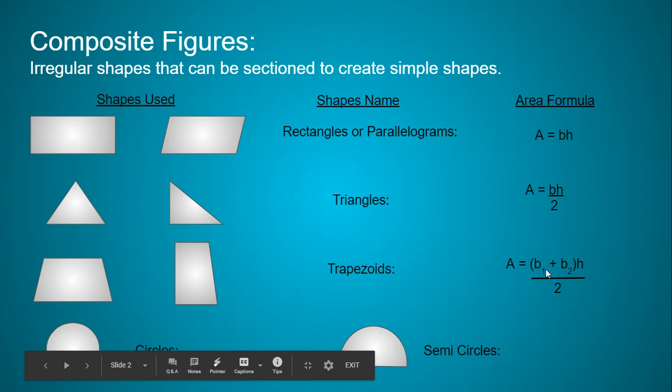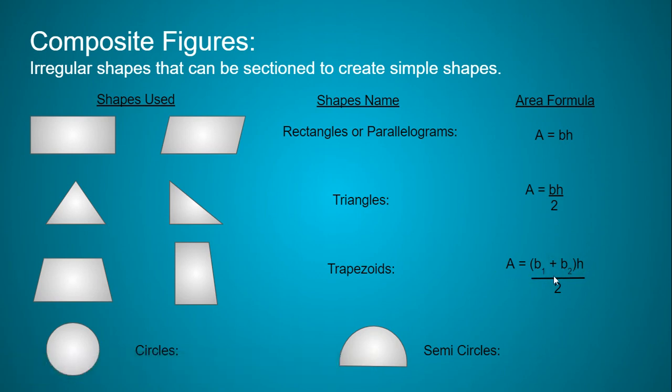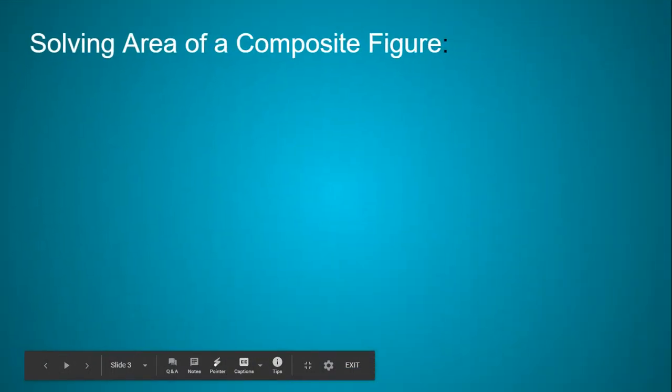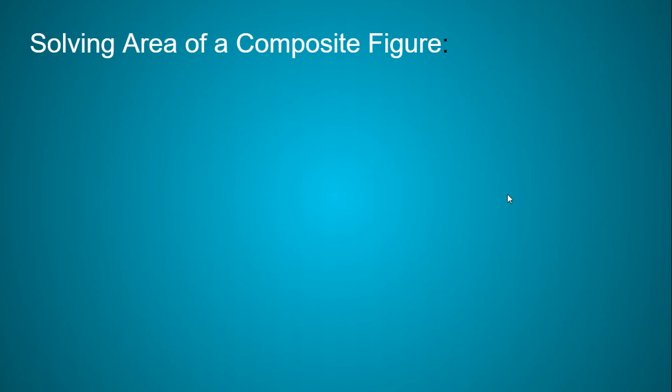Then you have a height of the trapezoid that you multiply, and then you divide all of that by 2. For circles, we have area equals pi r squared. And for a semicircle, you take the area formula for a circle and divide it by 2, because the circle is cut in half.